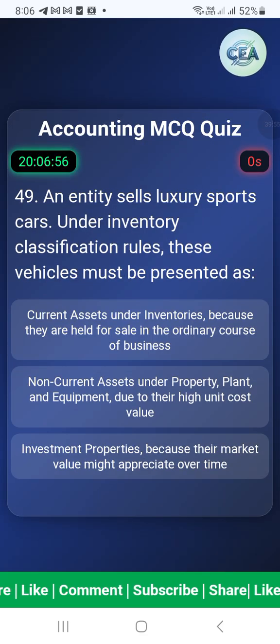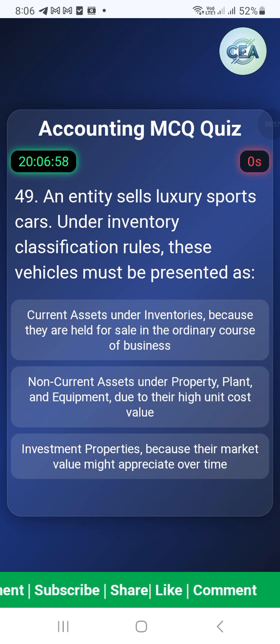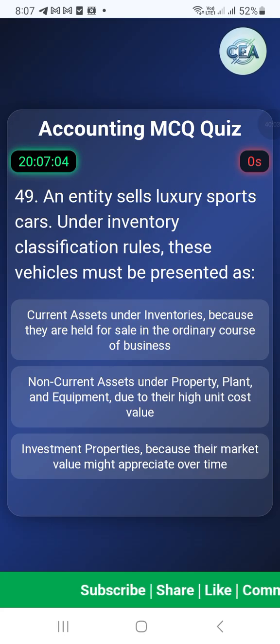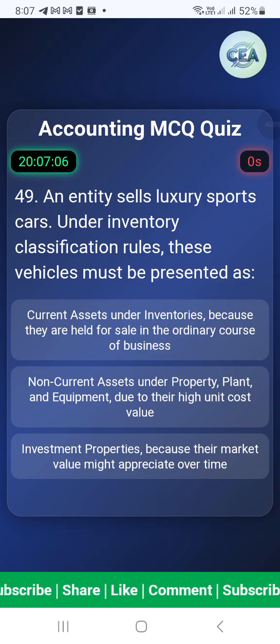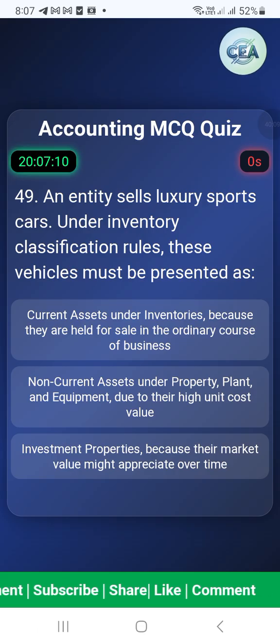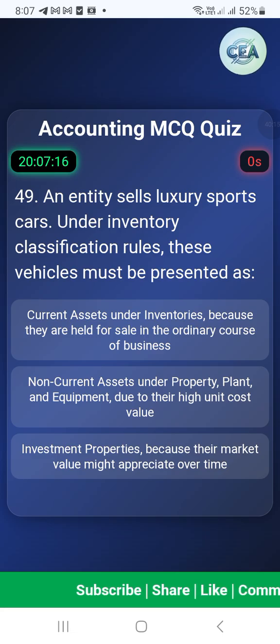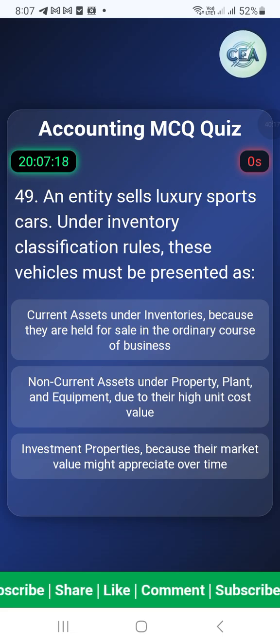49. An entity sells luxury sports cars. Under inventory classification rules, these vehicles must be presented as: Option 1. Current assets under inventories, because they are held for sale in the ordinary course of business. Option 2. Non-current assets under property, plant, and equipment, due to their high unit cost value.